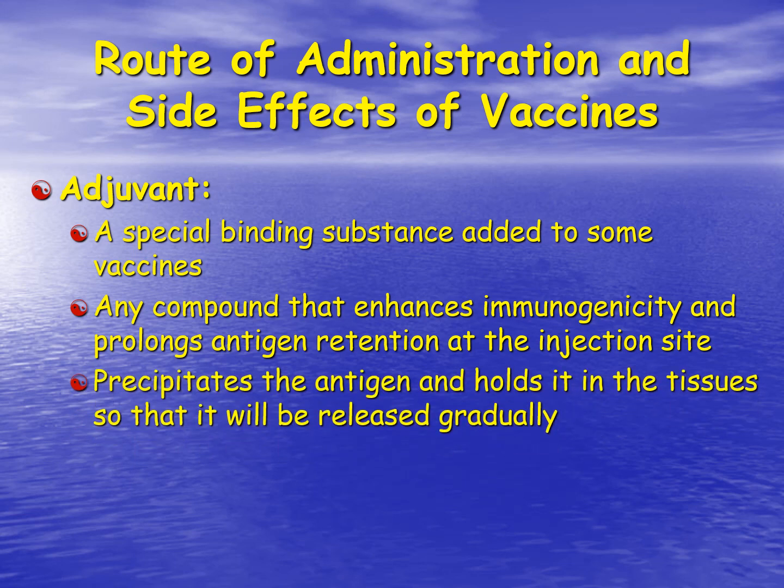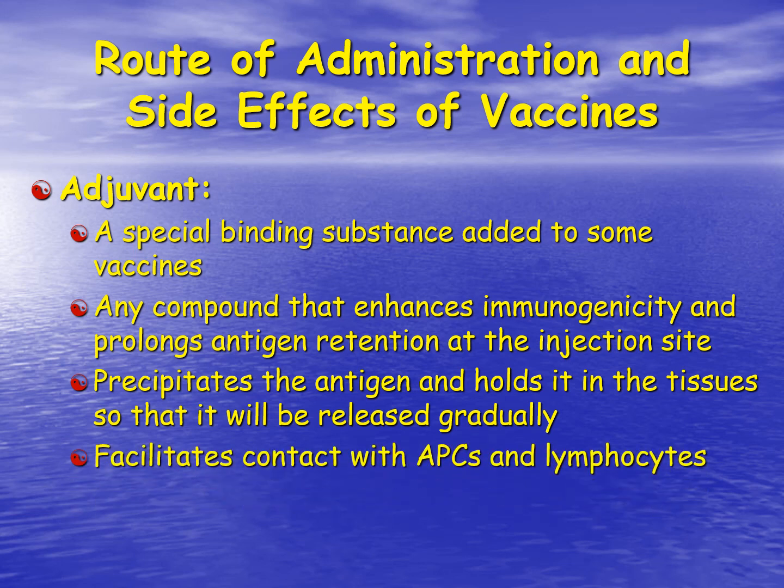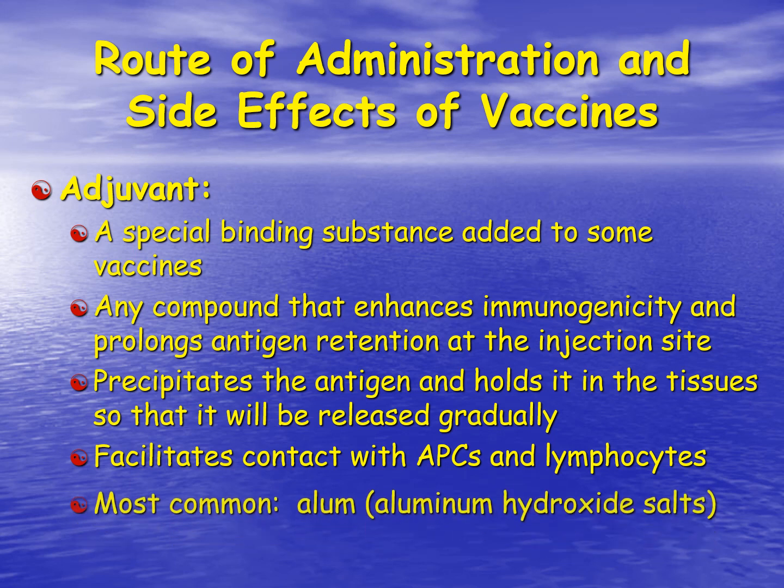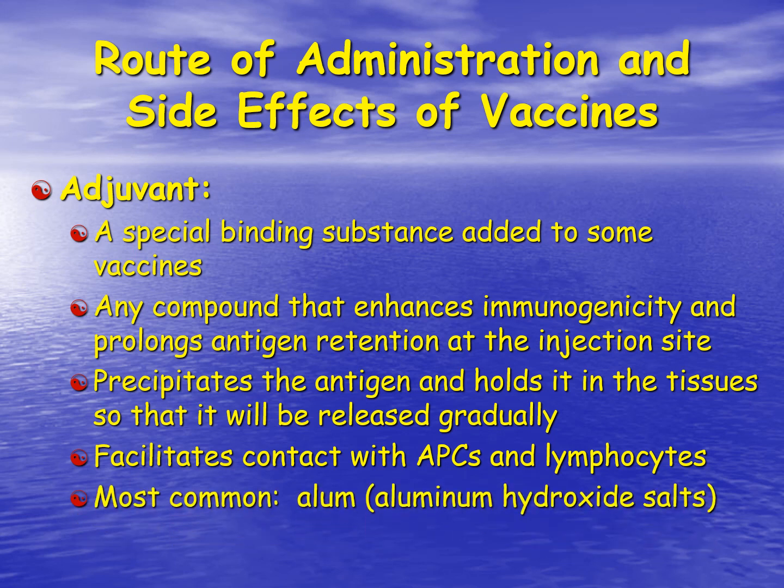The adjuvant precipitates the antigen and holds it in the tissues so that it will be gradually released, and so we get a little longer exposure time as well. This will facilitate contact with the antigen presenting cells and hopefully cause more of a response to the vaccine. The most common adjuvant that we see in vaccines is alum, which is an aluminum hydroxide salt, but there are also some of the heavy metals such as mercury and silver that are used.